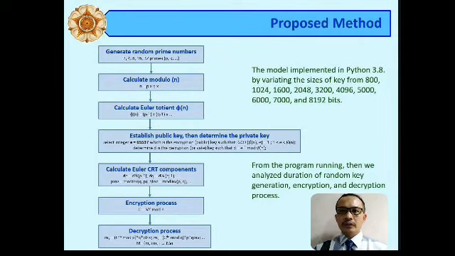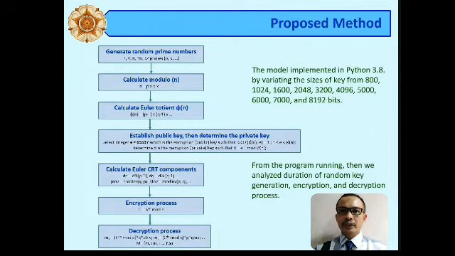In our improved RSA algorithm, first, we generate random prime numbers: 4, 8, 16, and also 32 prime numbers. Then from the prime numbers, we calculate the modulus as the result of multiplying the generated prime numbers.